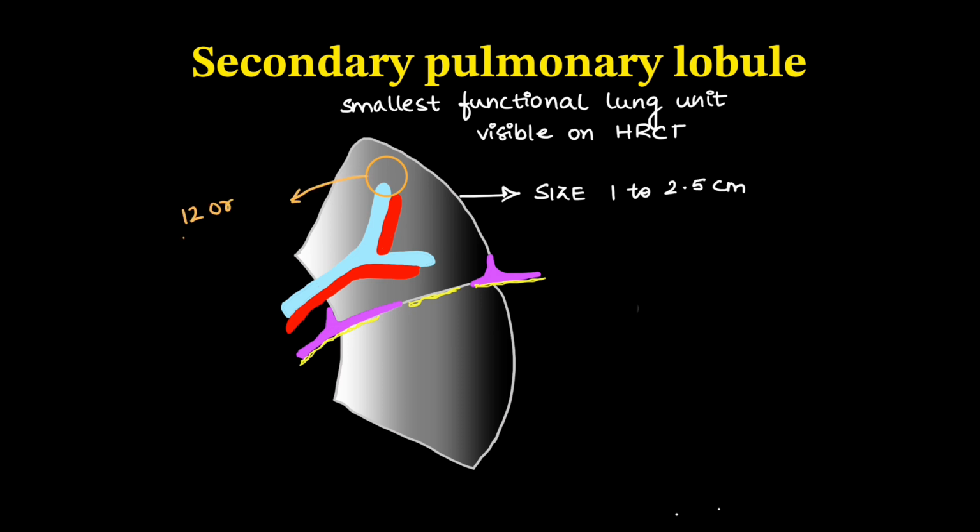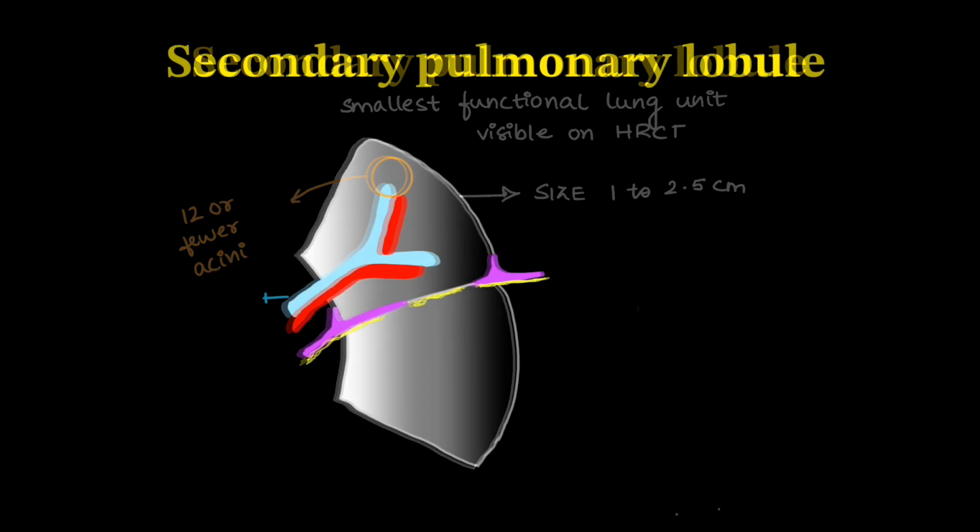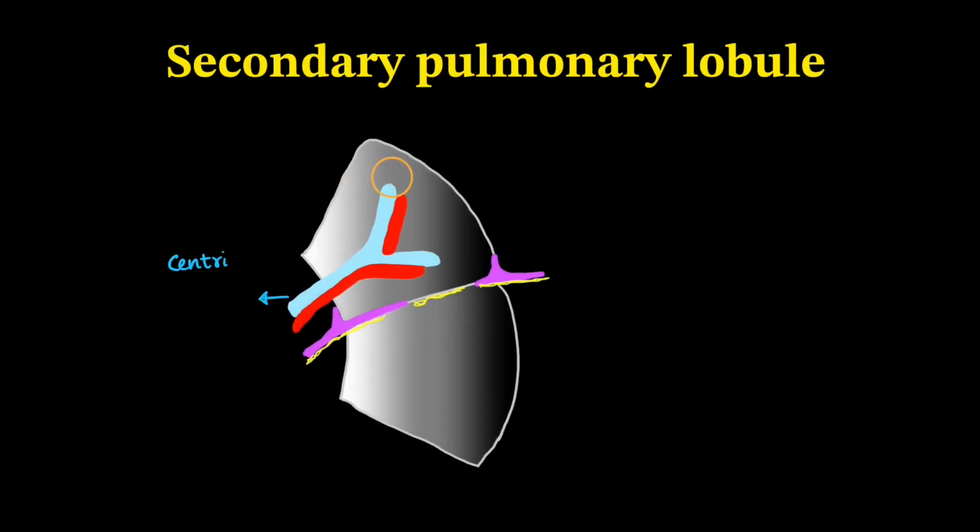Each lobule contains 12 or fewer acini within it, and it's centrally supplied by the centrilobular bronchiole and centrilobular arteriole. This is the pulmonary arteriole.